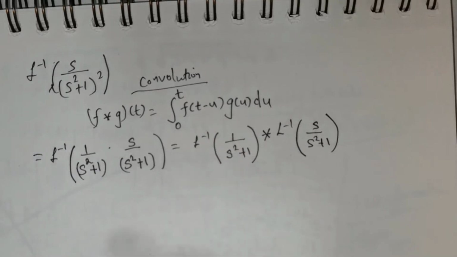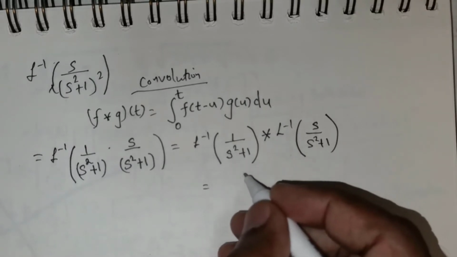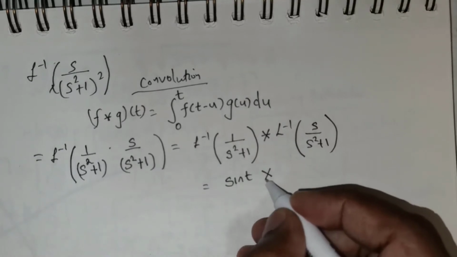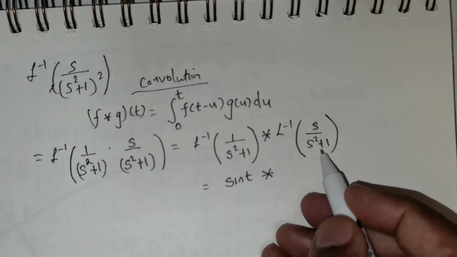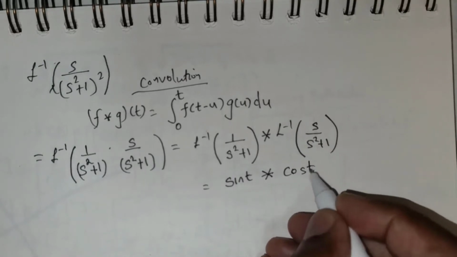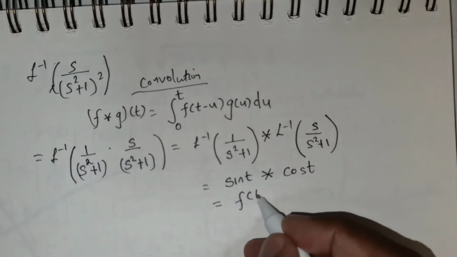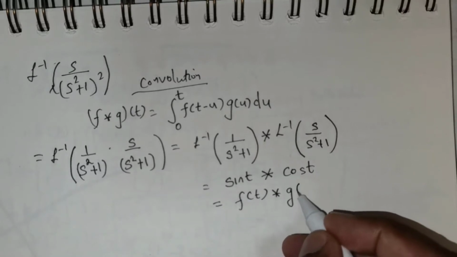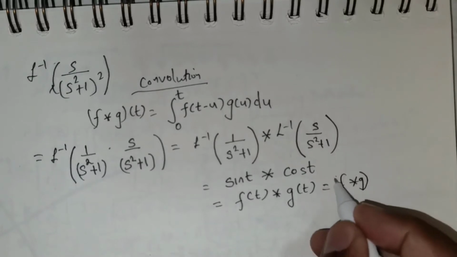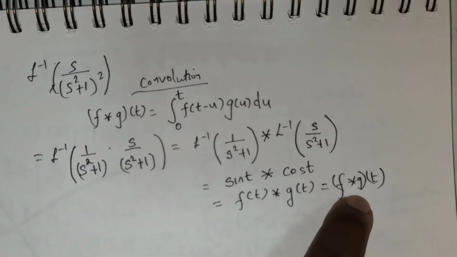Now, L inverse of 1 over (1 plus s squared) is going to be sin t, and that is convoluted with L inverse of s over (s squared plus 1), which is going to be cos t. So you have two functions, f of t star g of t, which is what we are looking for.